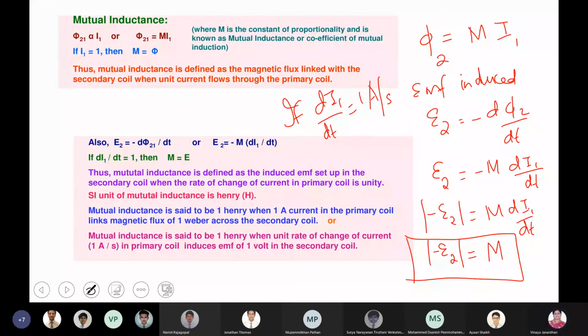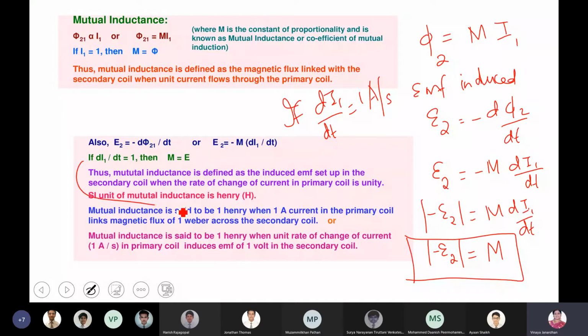This is the coefficient of mutual induction or mutual inductance is said to be 1 Henry if the current of 1 ampere changes per second in the primary coil, inducing. So there are different ways of putting it.